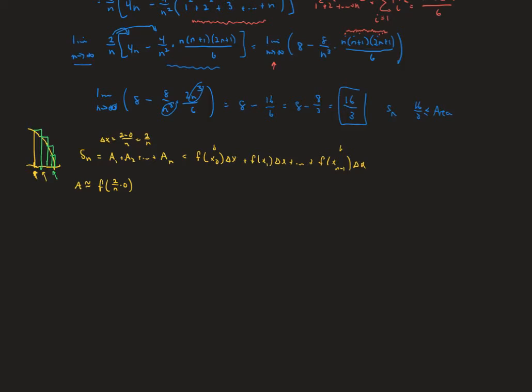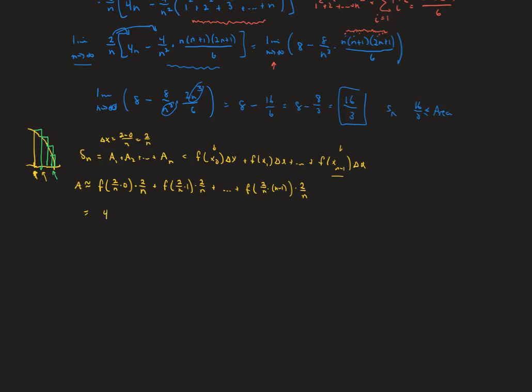I know that's just 0, but I'm going to write it right here anyway as f of 2 over n times 0, and then times delta x for the width, which is 2 over n. Then the second rectangle is going to be f of 2 over n times 1, and then times that delta x, which is 2 over n. I'm going to run that out to the n minus first rectangle. So that's going to be f of 2 over n times n minus 1, and then times the delta x. Hope that makes sense.